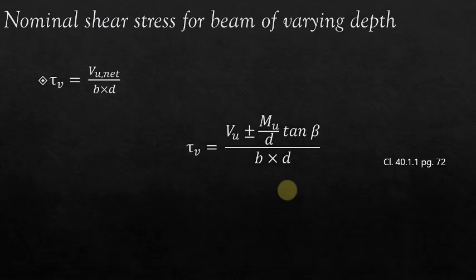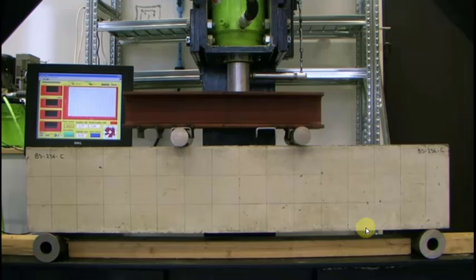In this formula, for an increase of depth with the increase in bending moment, we use the negative sign, while for a decrease of depth with the increase of bending moment, the positive sign should be used.